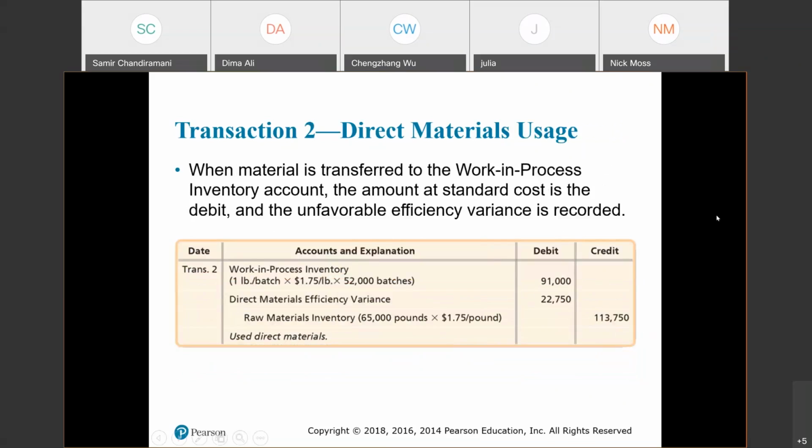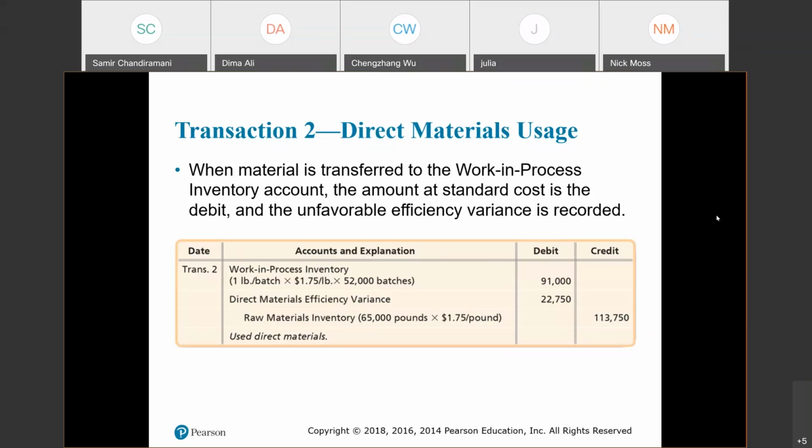Next, the use of direct materials, usage of direct materials. And as you can see, this transaction is used to record the efficiency variance. The journal entry to record the direct material usage has an emphasis on the quantity of the materials used.